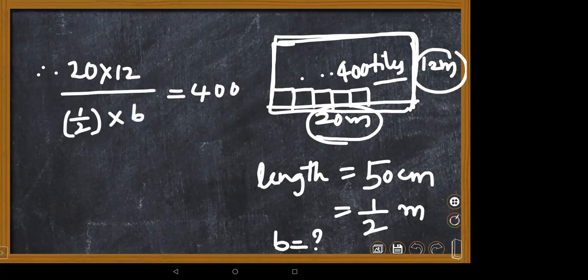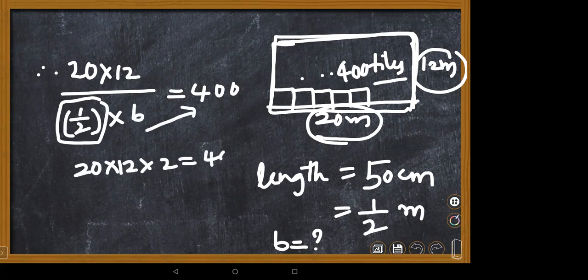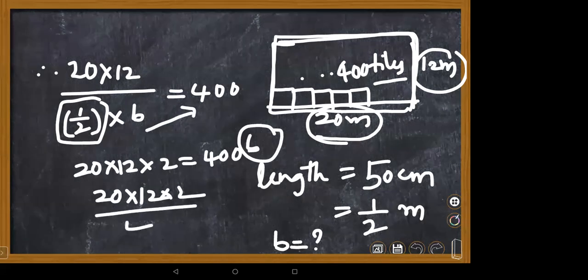Then 20 into 12 into reciprocal of 1/2, which is 2, divided by 400, gives b.